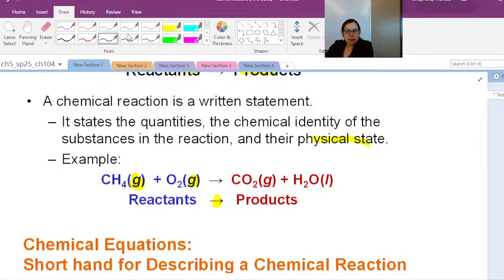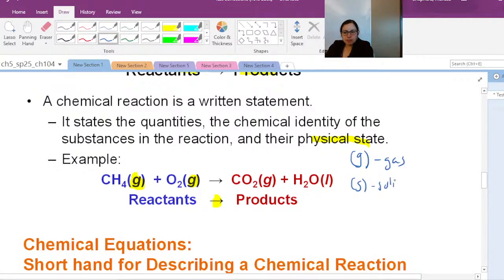So we have G for gas, S for solid, L for liquid, and we also have AQ when it's dissolved in aqueous solution, just like we add many of our reagents in that form in lab, right? They're aqueous solutions of our metal salts.